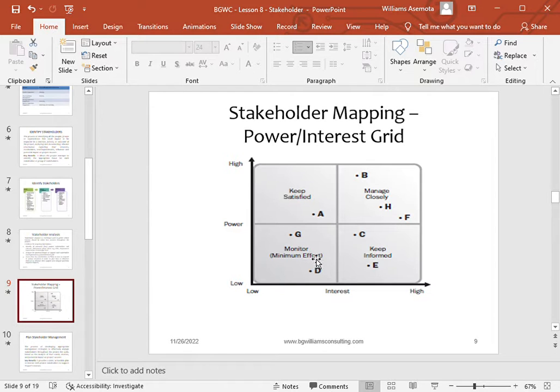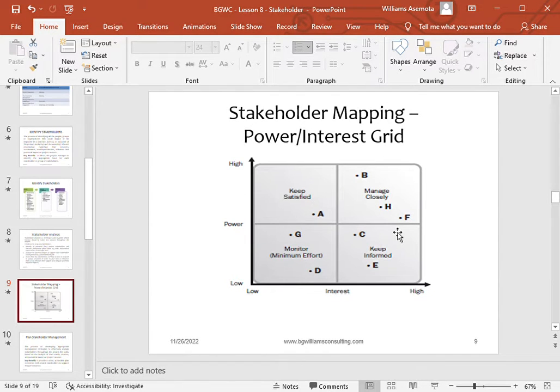The power interest grid is a stakeholder analysis technique that can be used by the project manager. Please, I want to explain something. All the explanation I have been giving since is in this box. You can see that the power interest grid is a tactic or a skill that you as a project manager can use to carry out stakeholder analysis.